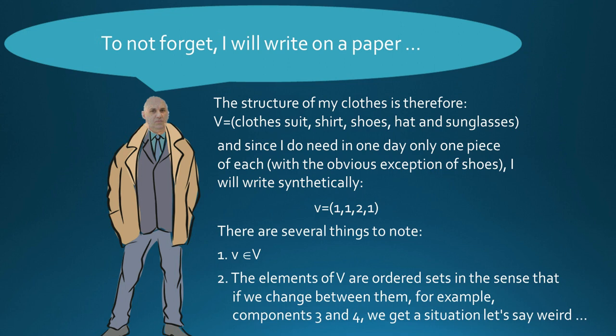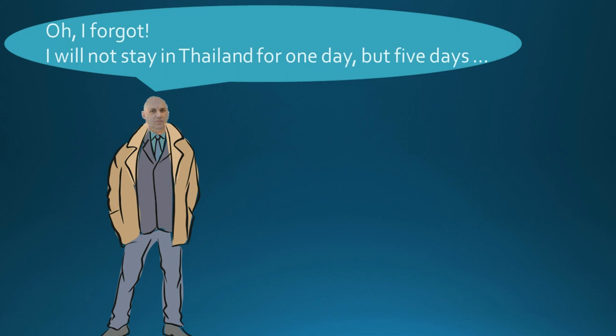There are several things to note. V is in ℝ⁴. The elements of V are ordered sets, in the sense that if we interchange, for example, components 3 and 4, we get a weird situation. Oh, I forgot.